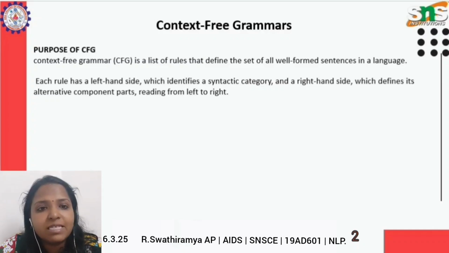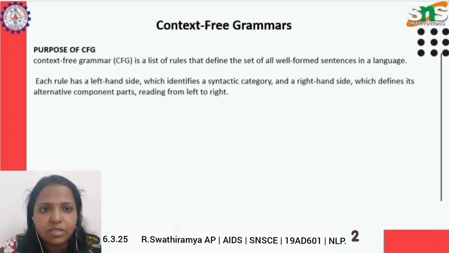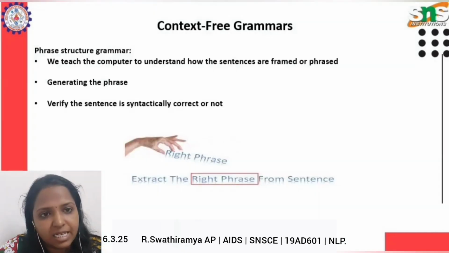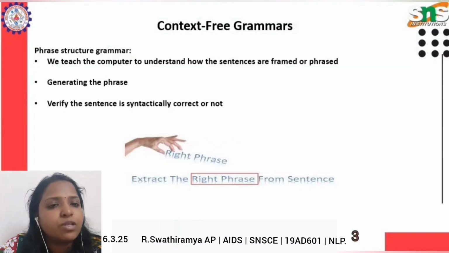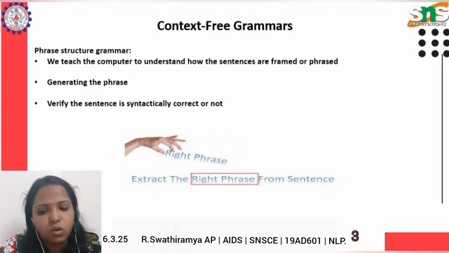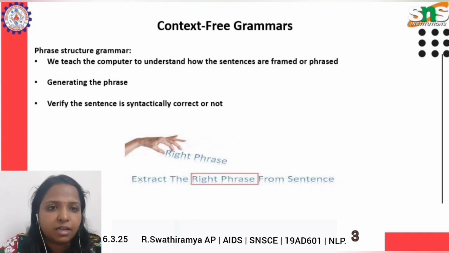CFG gives you the set of rules and regulations which helps us to frame a sentence and generate the sentence syntactically correct. First, it helps us to form the sentence in the right way. Second, it helps us to verify whether the sentence we are giving is right or not. It will check the syntactical correctness.